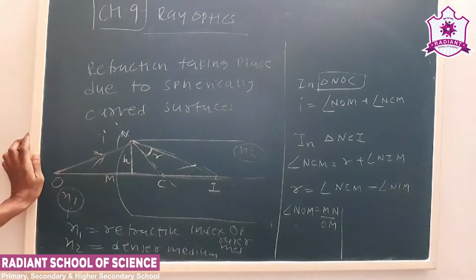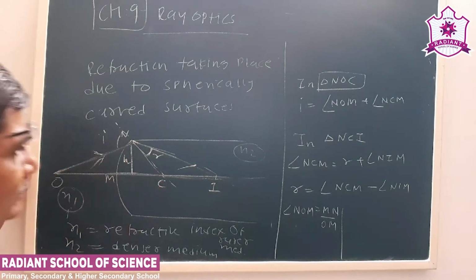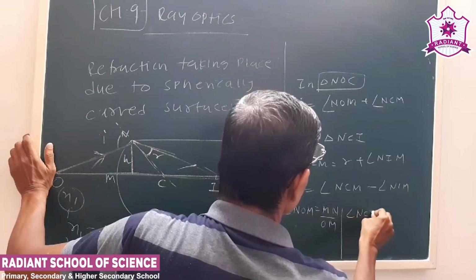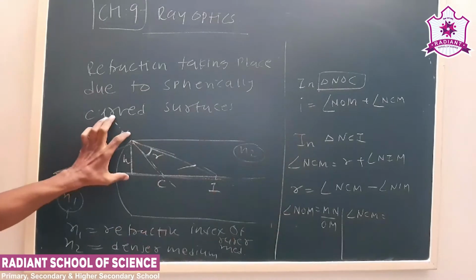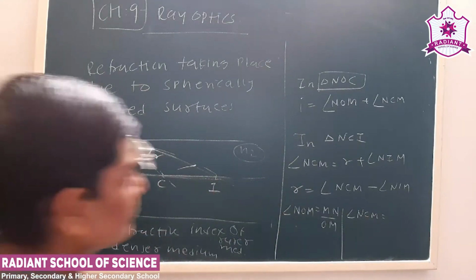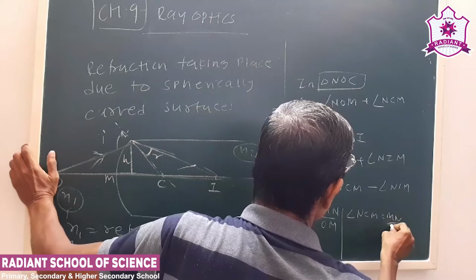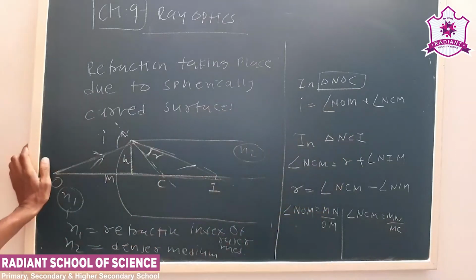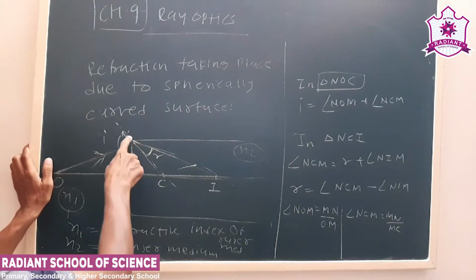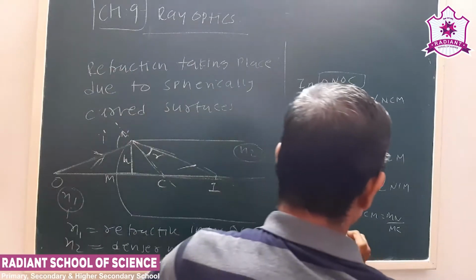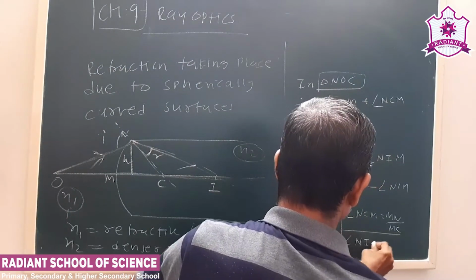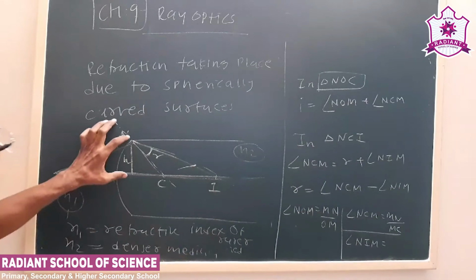Then angle NCM we can write as MN upon MC. And angle NIM is nothing but MN upon MI.